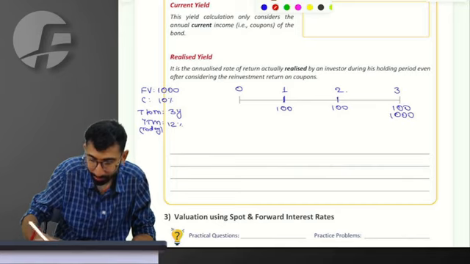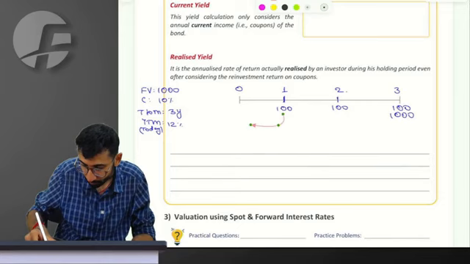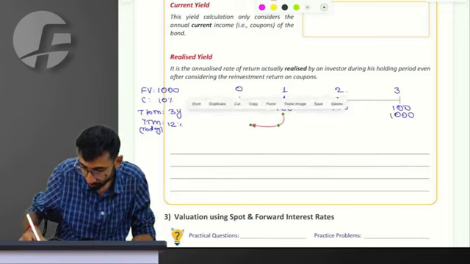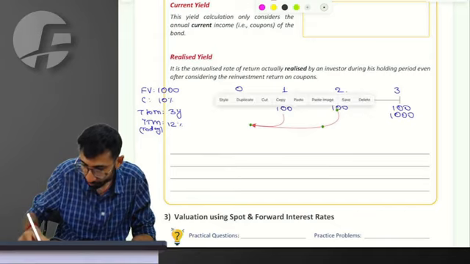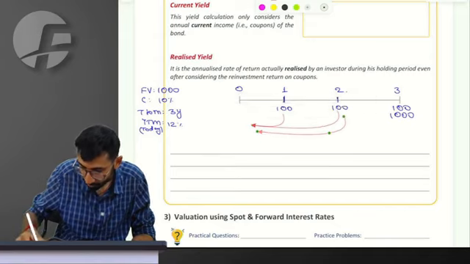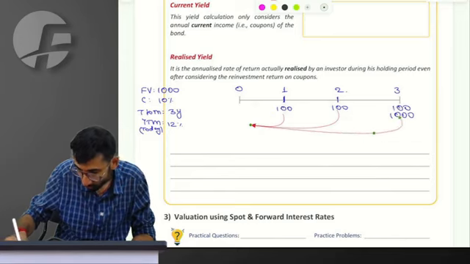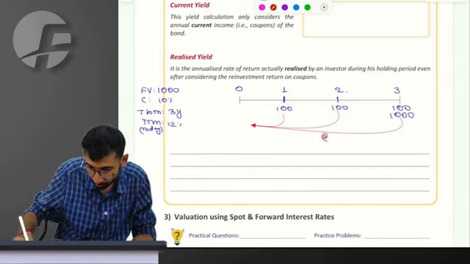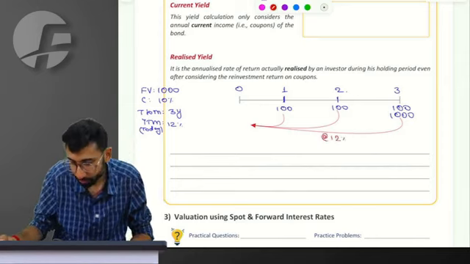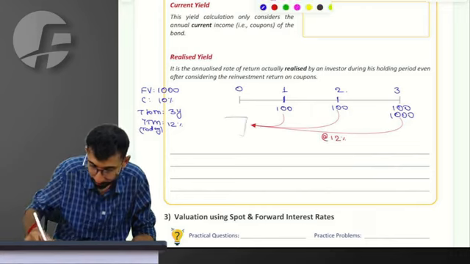Which means, do you people in the class agree that all these future cash flows, cash flow 1, cash flow 2, cash flow 3, will be discounted at the rate of 12%? People, kindly give me the value of the bond based on this 12% discounting rate. Waiting for your responses.